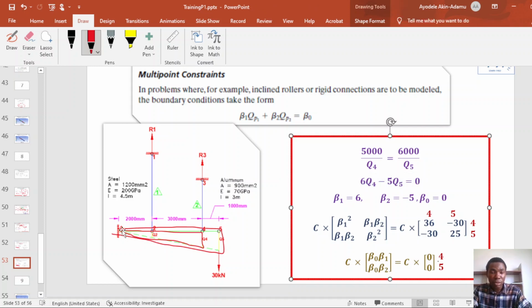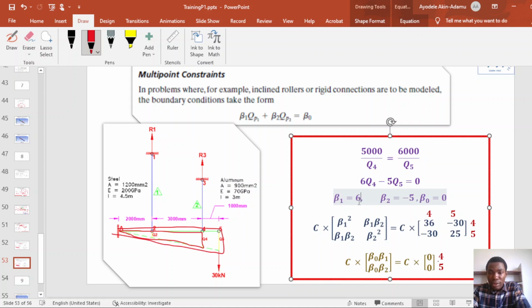The distance between node A and node 4 is 5,000 mm, 2,000 mm plus 3,000 mm, divided by Q4, that is the displacement at node 4, equals 6,000 mm, that is the distance between node A and node 5, divided by Q5. So we get this equation.